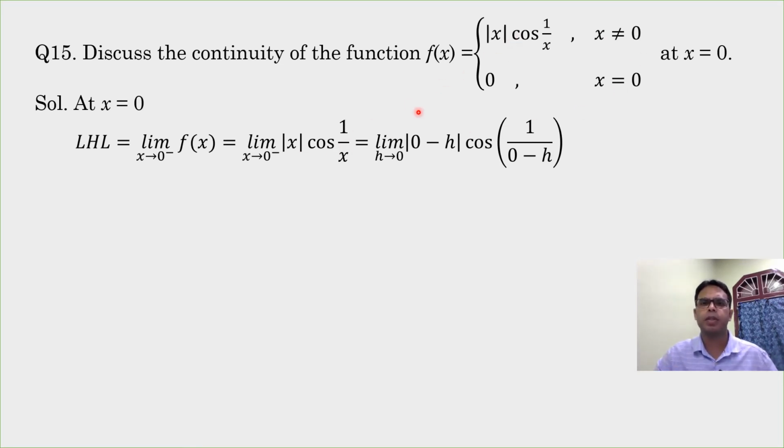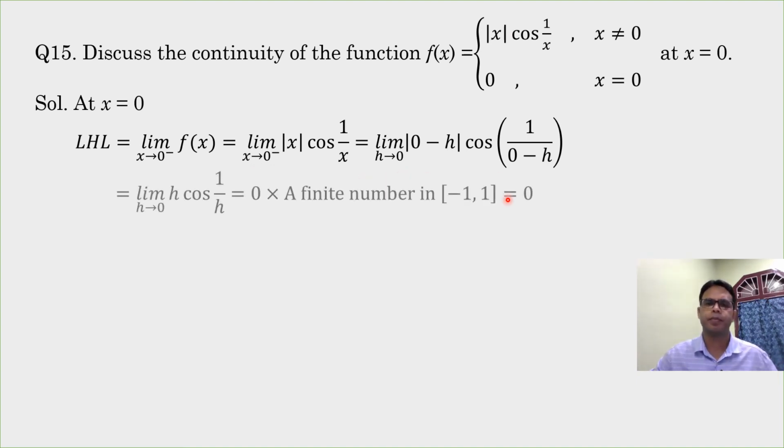So at 0 minus, the function is this one, making x equal to minus h, and using the limit as h tends to 0, the limit of h is 0 into whatever this is. 1 by h is a very big number, but cos of something is a number between minus 1 and 1, because the range of the cos function is minus 1 to 1, you know that. So h is 0 into a total value that oscillates between minus 1 and 1.